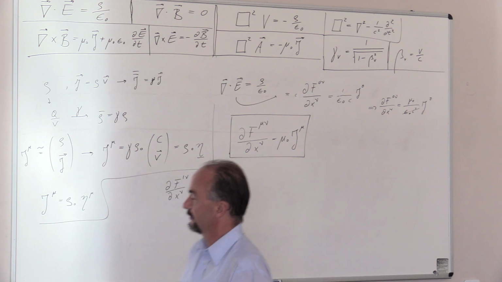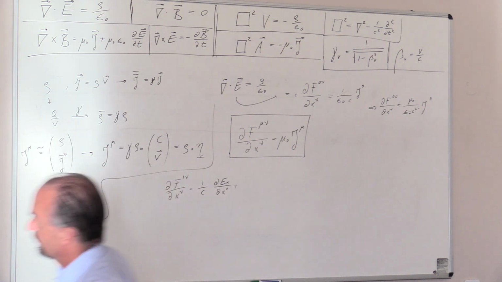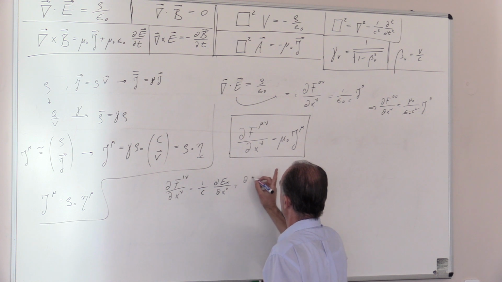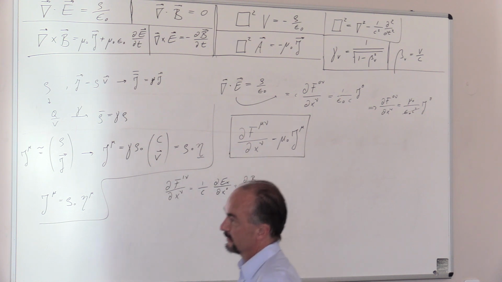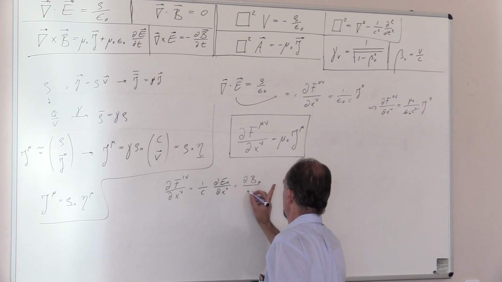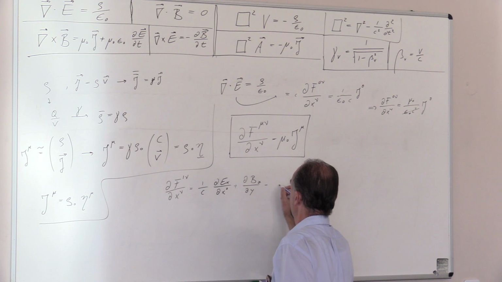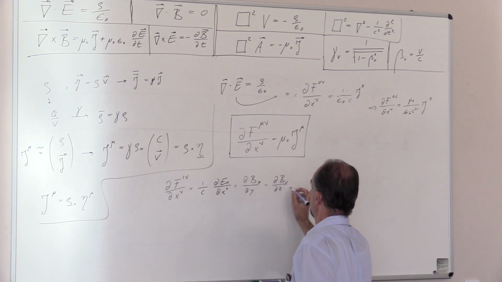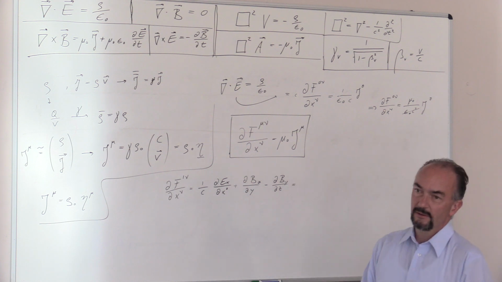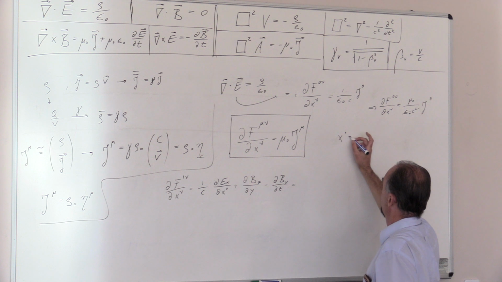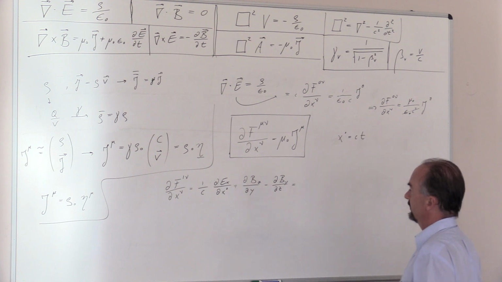Plus, so the 1, 0, and there's 2, dB_z over dy minus dB_y over dz, right? Okay. Remember that it's not t but ct, right?